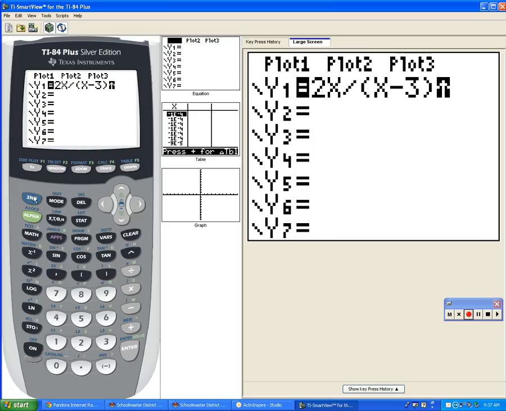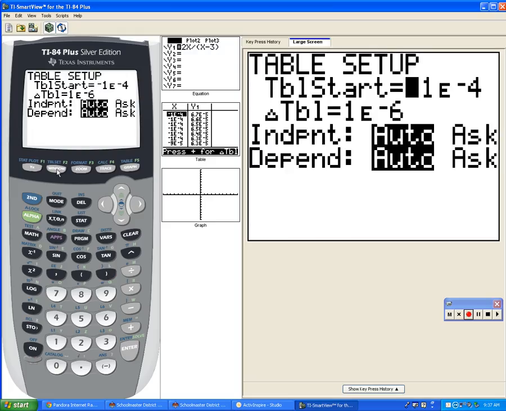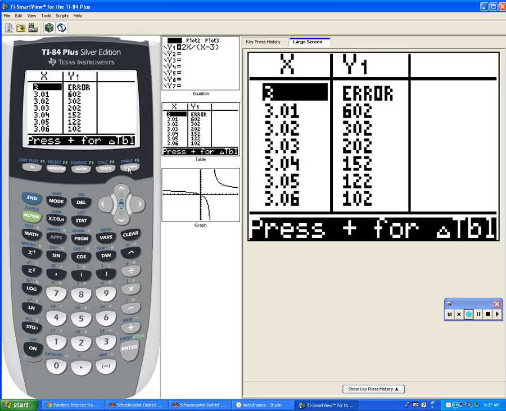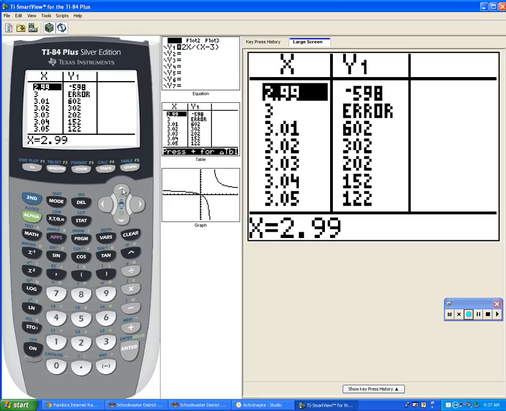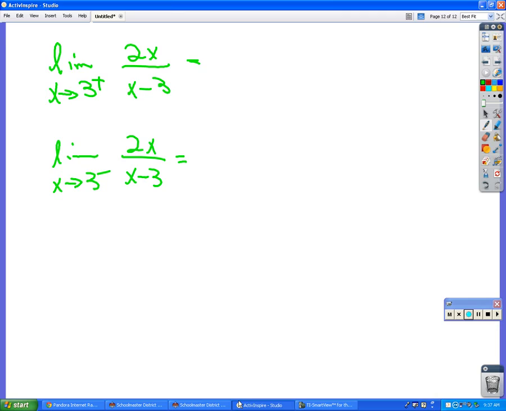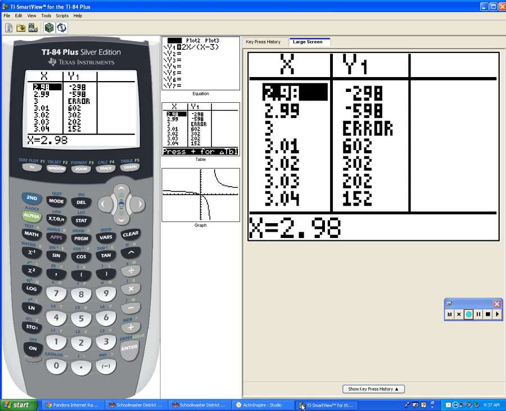Okay, so now when I go to set the table, I'm going to start at 3. And I don't need to go by such small numbers. I'm going to just go back to 0.01. Okay? And so if I look at my table of values, you kind of have to use your noggin here a little bit. If I'm trying to figure out the value of the limit from the positive side, then do I want numbers bigger or smaller than 3?